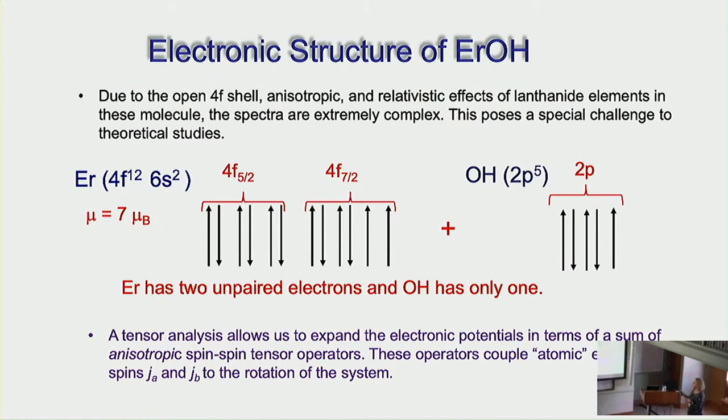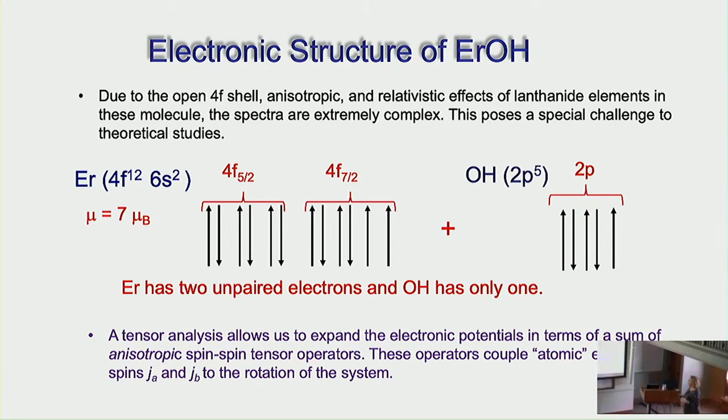So just a little bit before going to the electronic structure results, let me remind you that erbium is a relativistic atom. It has two relativistic subshells. Normally it's assumed that for the F5 halves, it's a closed shell, J equals 0, actually.